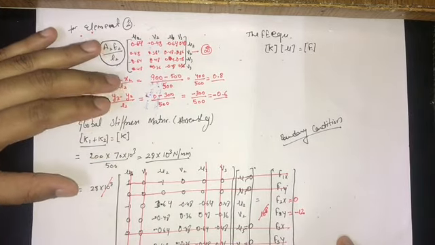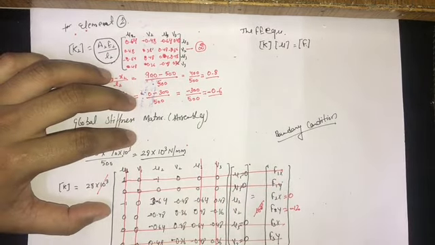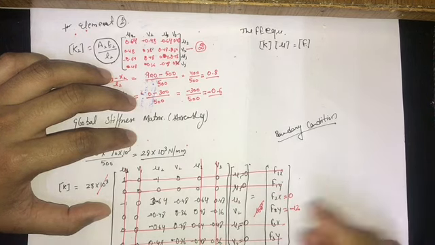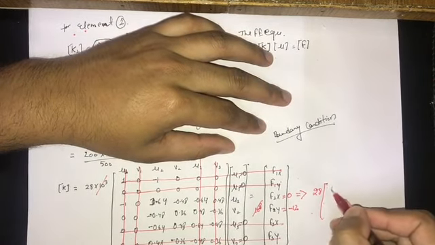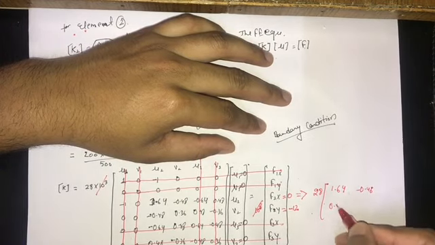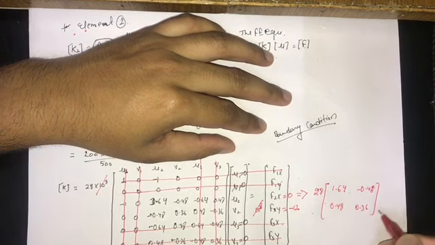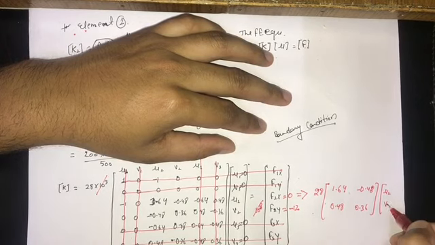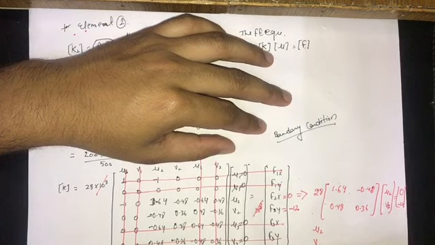After that, the first rows, because the displacement is 0, are cancelled out. So by this we get 28 into 1.64, minus 0.48, 0.48, and 0.36, with U2, V2, which is equal to 0, minus 0.12. So by solving this we get the U2 and V2 values.